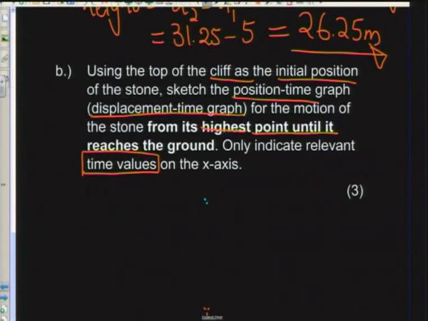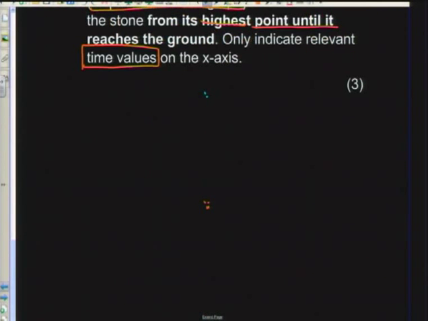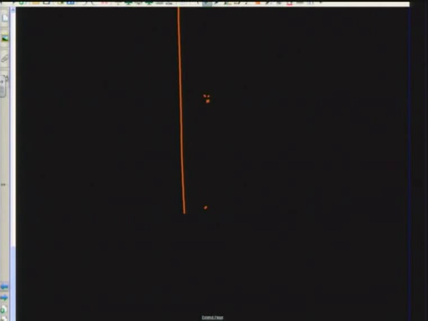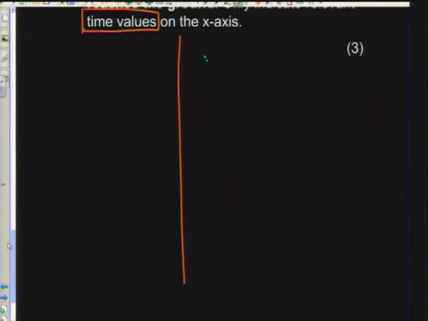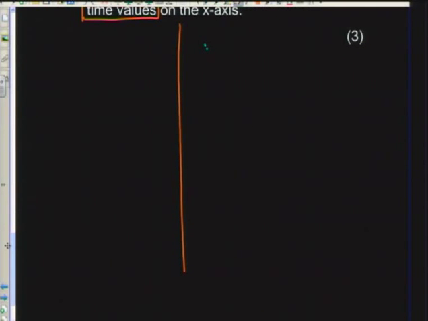Now, if I am to draw this graph here, let me erase this. I have my vertical axis there, and I have my horizontal axis there.